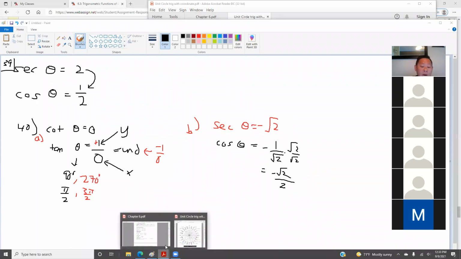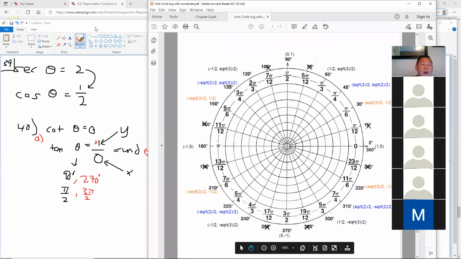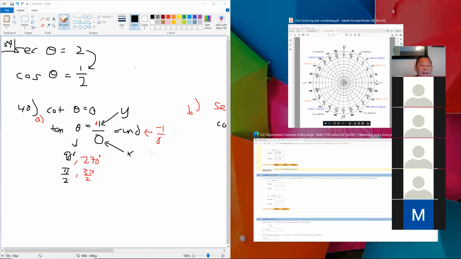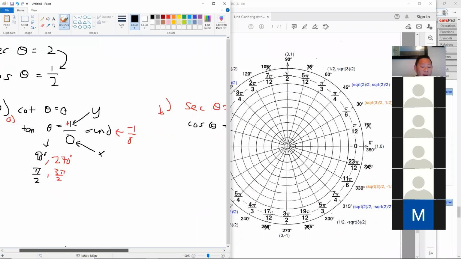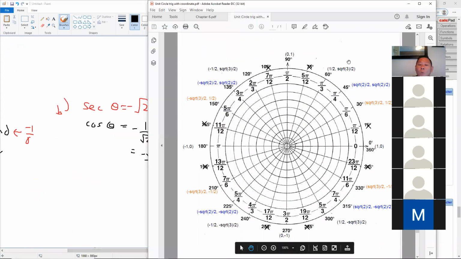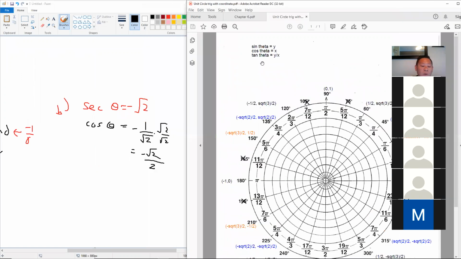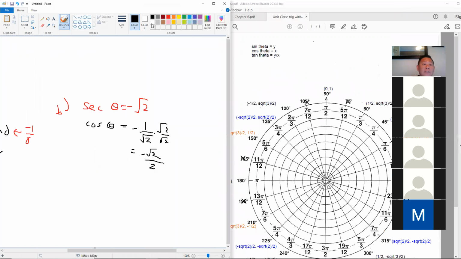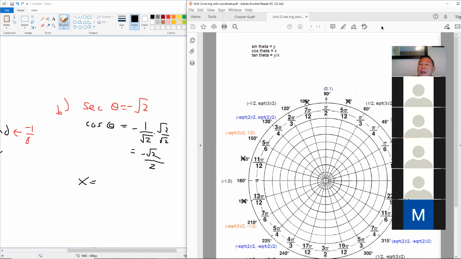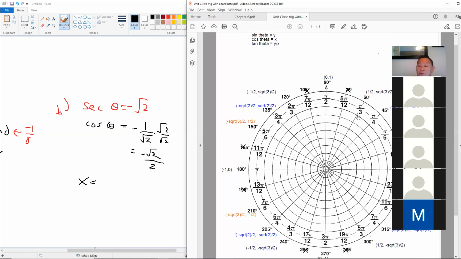And if you remember from the unit circle, cosine theta is your x or your y? Cosine is x. So you need to look at your x. Yes. So look at your unit circle here. What x value, what angle gives you negative root 2 over 2?